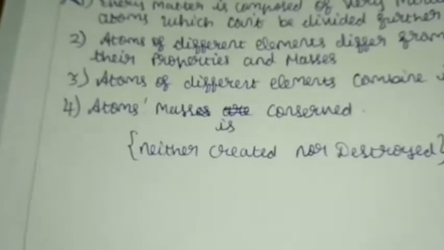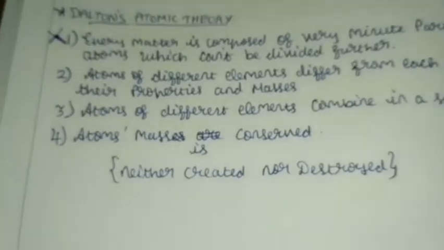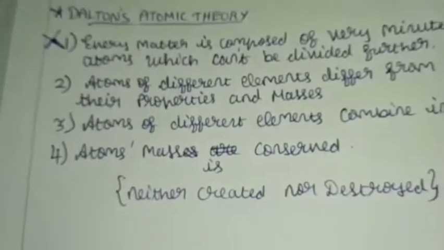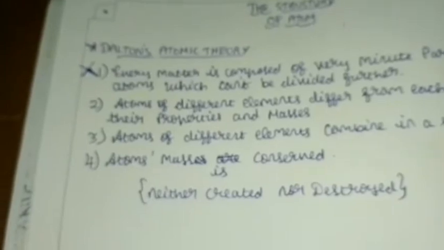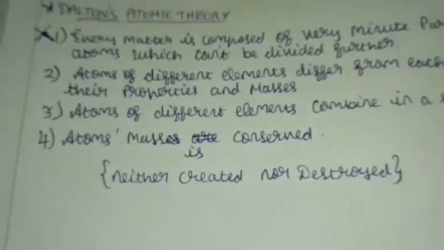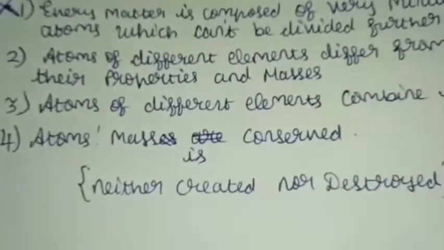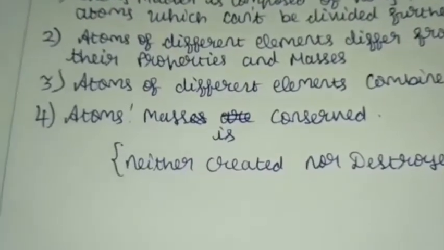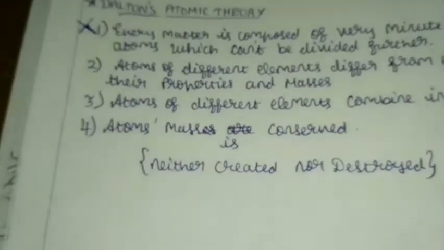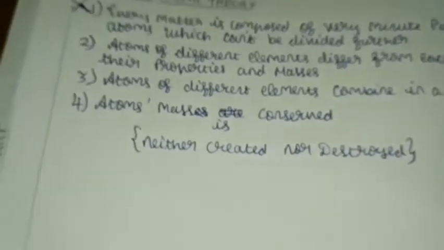Wrong in the sense that it's true that the masses are conserved, but according to Einstein, which you will all study in the due course of these 2 years, mass and energy are convertible. So mass can be converted to energy and vice versa. So masses are conserved, but transformed into the form of energy. It does not suddenly vanish anywhere. That's what it's trying to say, and it's true to some extent also.